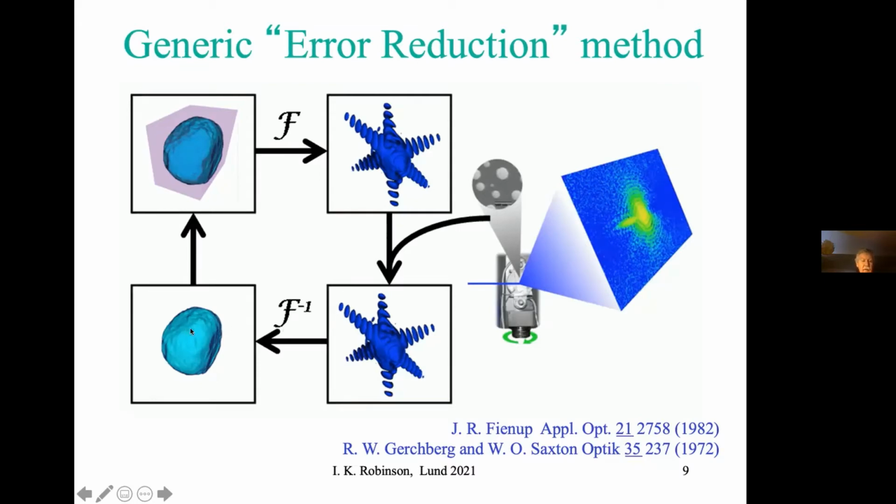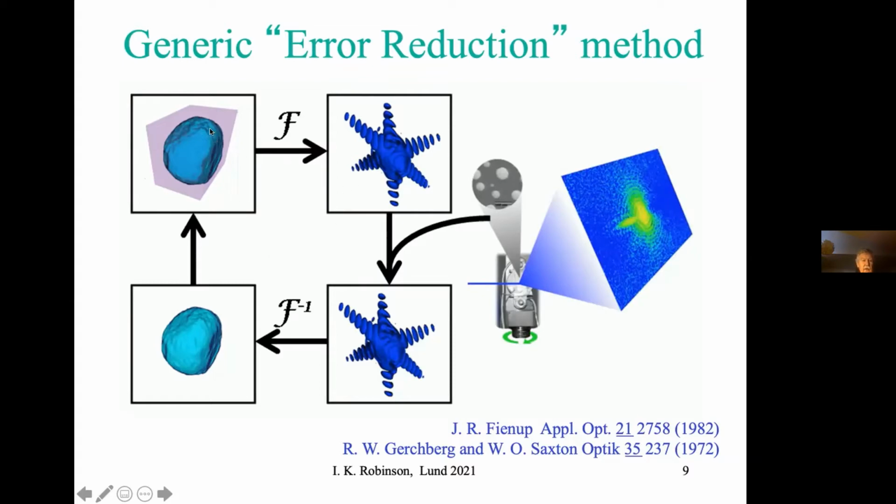But when you come to real space, you have to update it as well. And the key there is to introduce a support, which is this box that the particle has to live inside, that cuts off the outer regions of the image and forces the method towards a consistent solution.